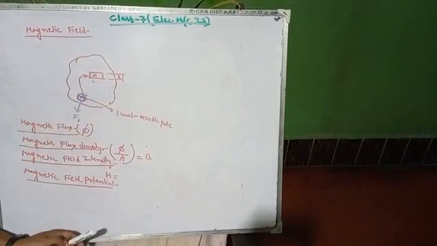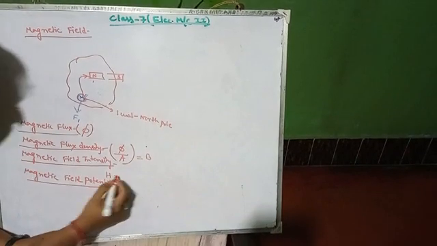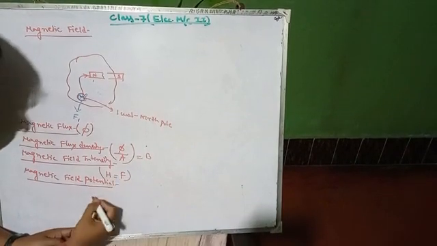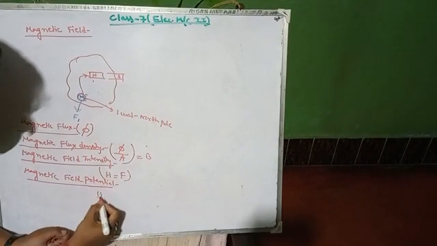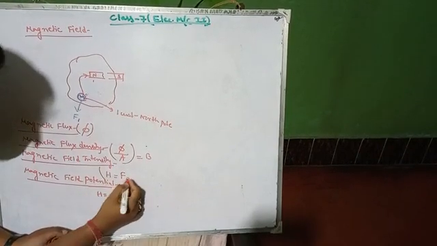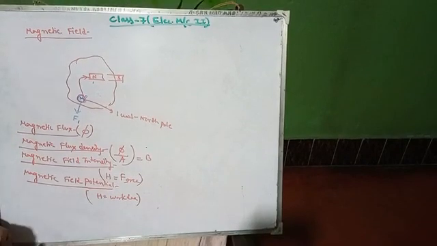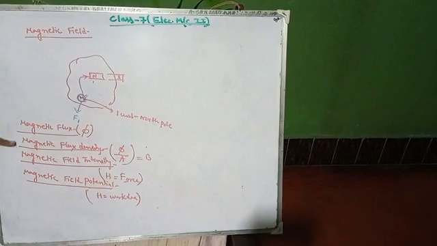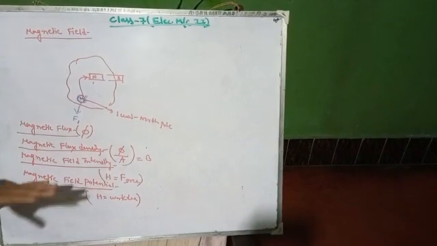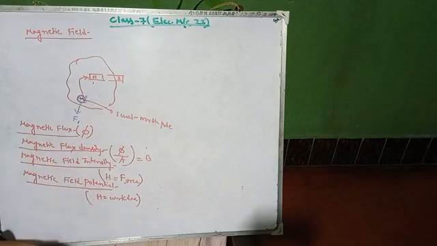So magnetic field intensity is a force and magnetic field potential is a work done. This concept you have to understand for this subject. So these 5 concepts you have to learn before starting the subject matter.